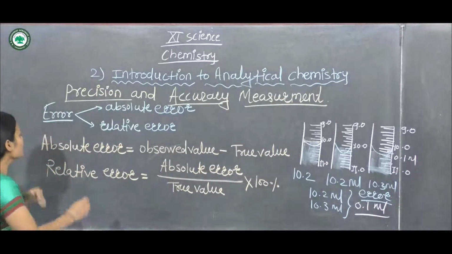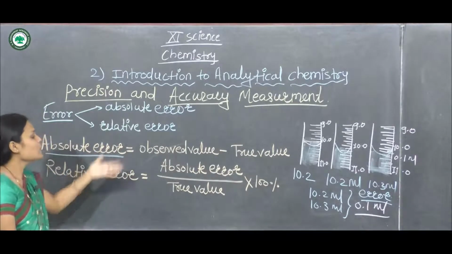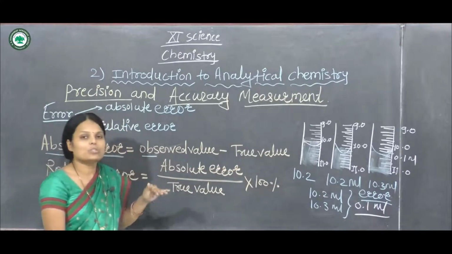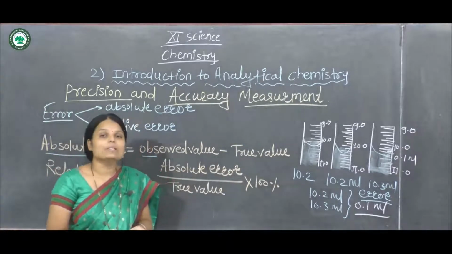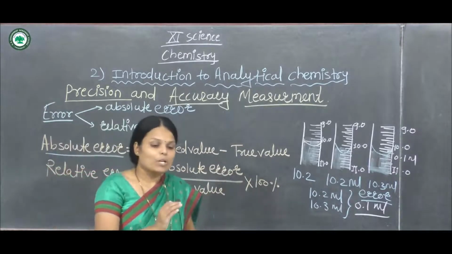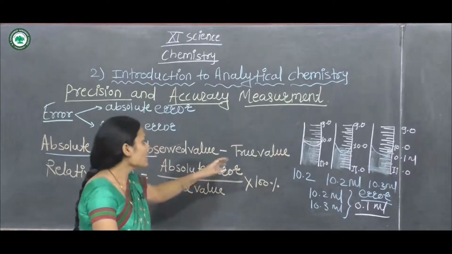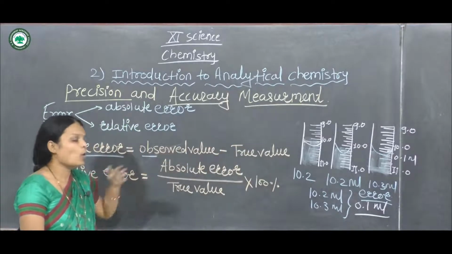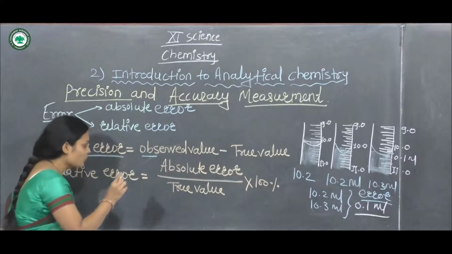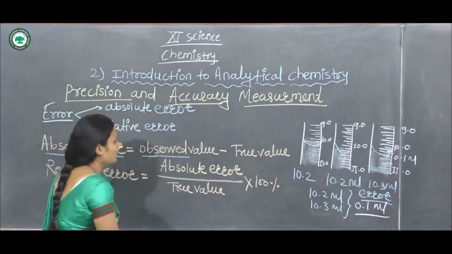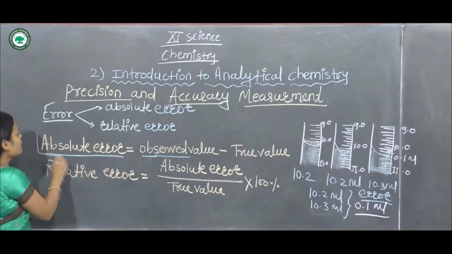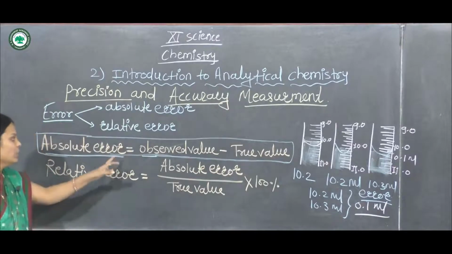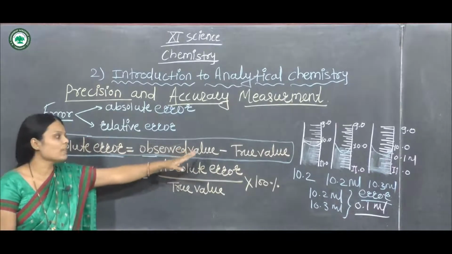Absolute error corresponds to observed value minus true value. True value means the actual value of any measurement. Observed value is the value that we observe. So absolute error is observed value minus true value.